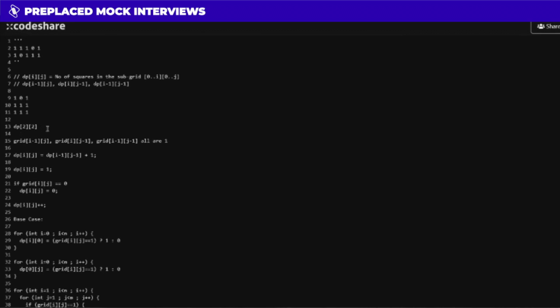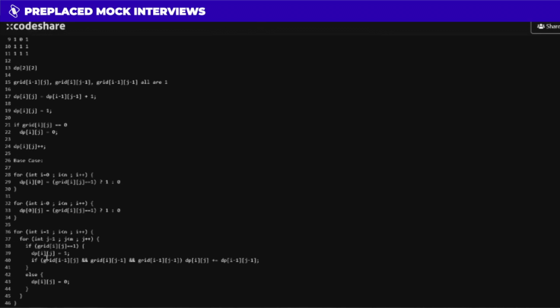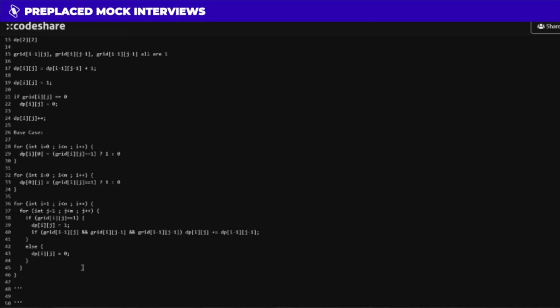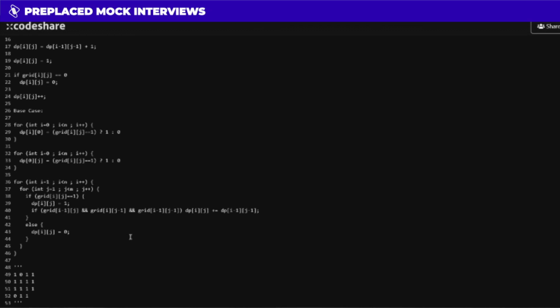If you scroll down, you should be able to see. So let's take this as an example. Let's try to prepare the corresponding DP array for it, and then the final value.